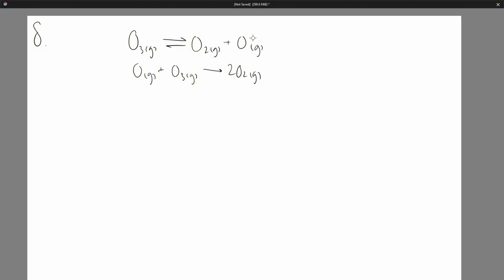Okay, so it doesn't matter if they're in different steps. Like if it's oxygen, for example, this cancels out, and so does this, because they're the same species but on different sides of the equation. So let's go ahead and cancel those two out. And whatever is left gets added on to what's below.